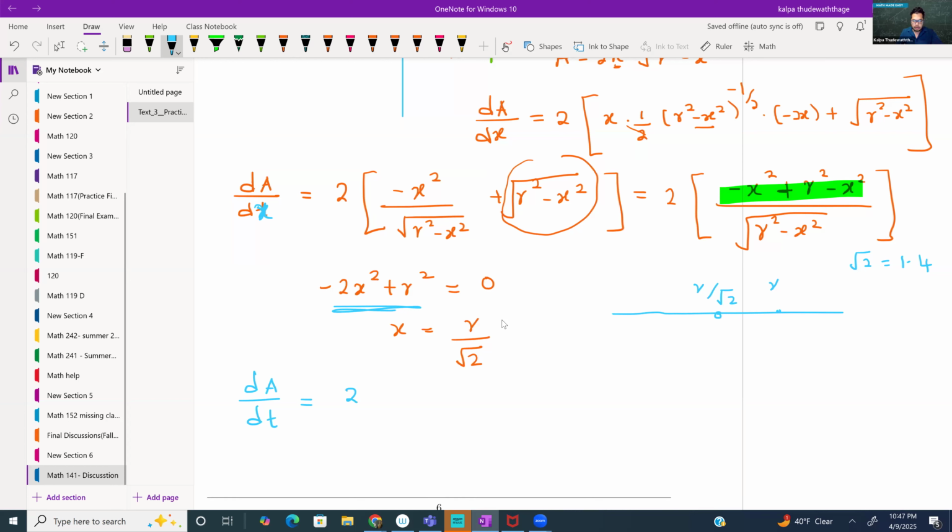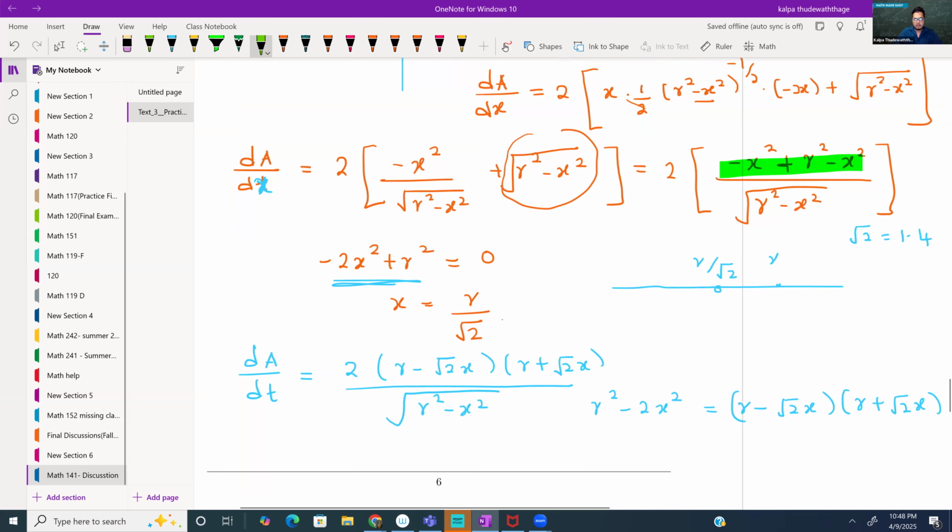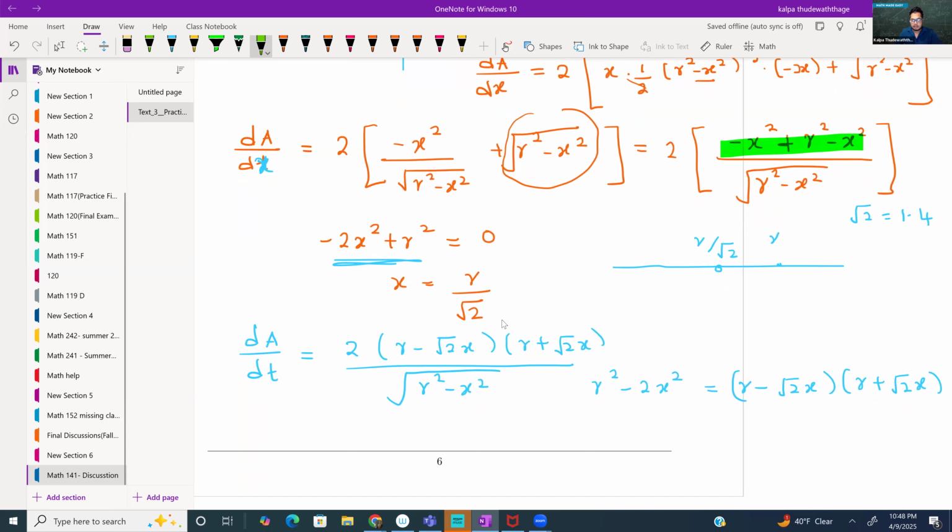The numerator is r to the power 2 minus 2x to the power 2, so I can write this as r minus square root of 2 x, times r plus square root of 2 x, because it's a difference of squares. And the denominator is always positive because otherwise the square root does not exist. So I want to discuss what happens for values less than that and so on.